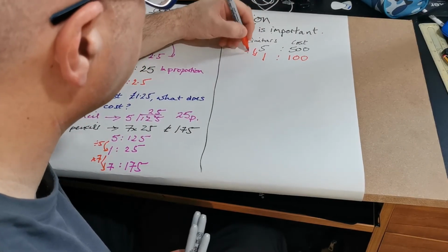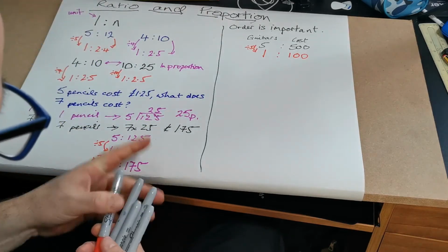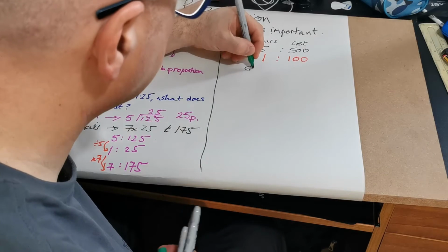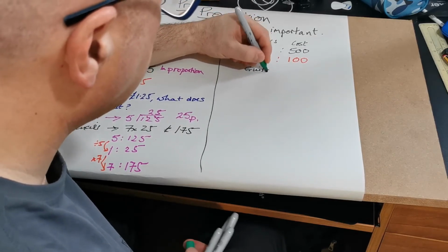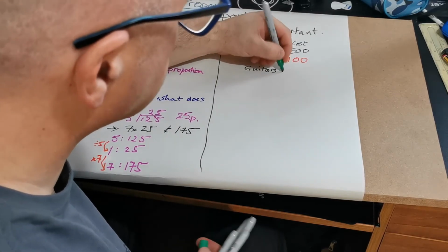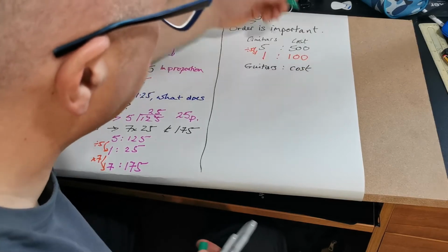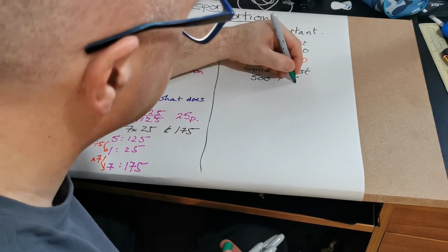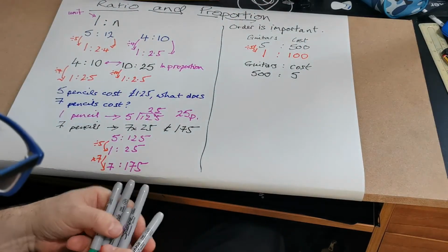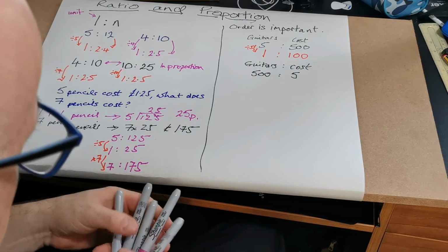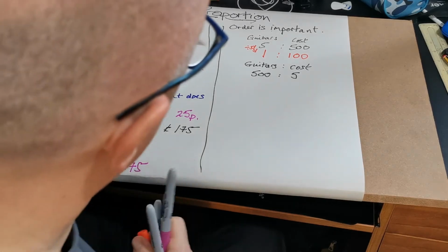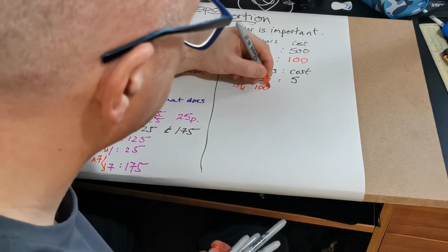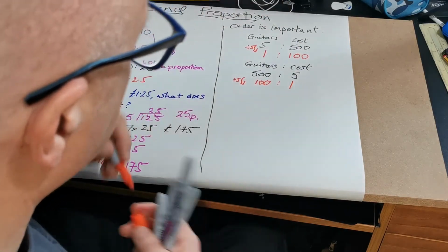Now if I'd made a mistake and accidentally wrote it this way, guitars and cost, you could see that when I divided by 5 this time, I would get 100 to 1.